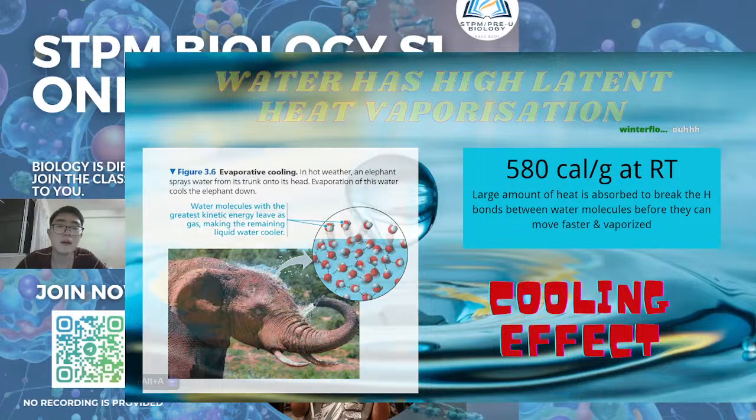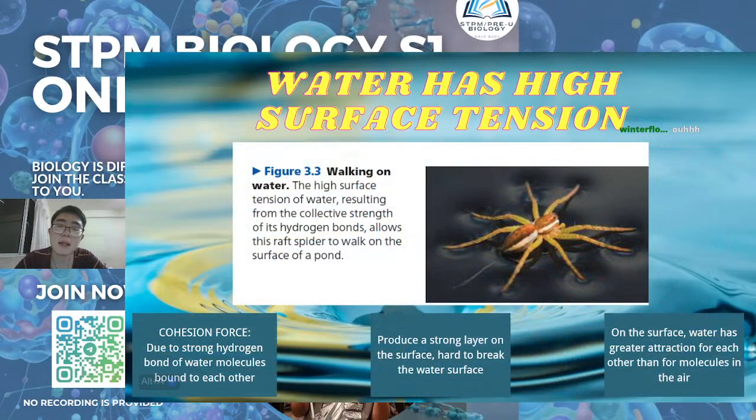Okay, next property is that water has high surface tension. You have to know what is meant by surface tension. You can imagine that the water is very hard on the surface.